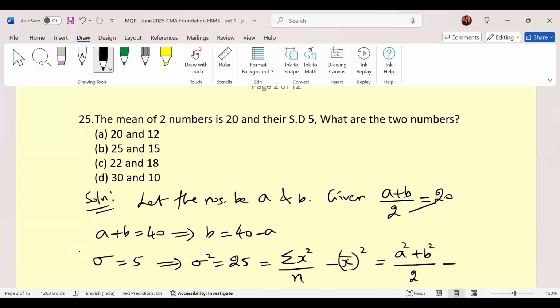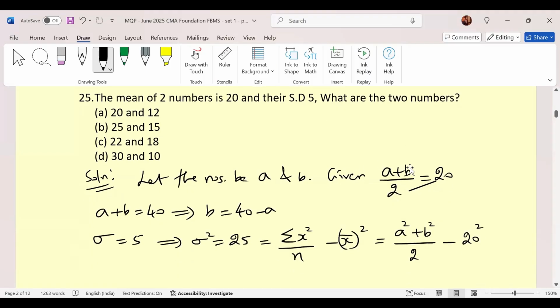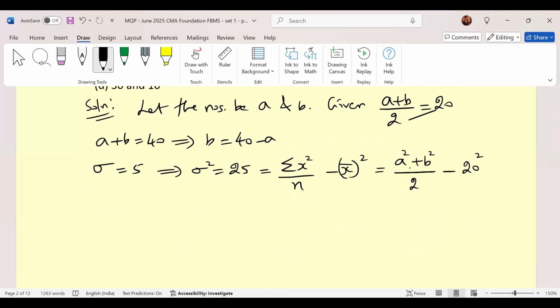Minus x bar is 20 square. So now we can rewrite this as 25, and bring that 20 square, which is 400, to the left hand side, it becomes positive 400, is equal to a square plus b square, which means it is 40 minus a the whole square, divided by 2.